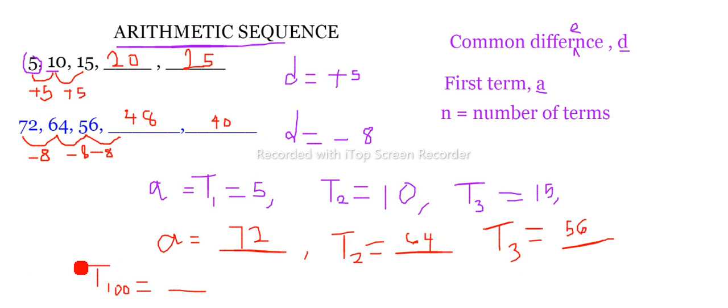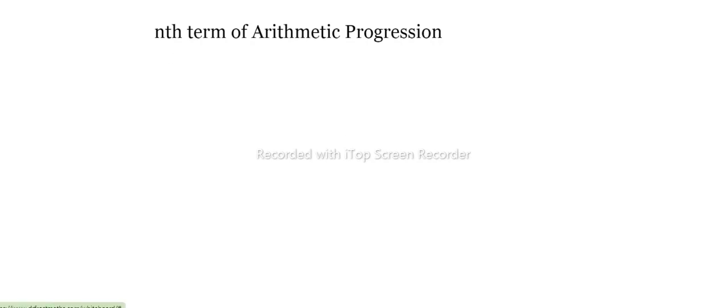Well, you can do that, but that will take a lot of time, since we only need the 100th term. So we have a short way of doing that, and that leads us to the next thing we are going to look at, which is the nth term of an arithmetic progression.